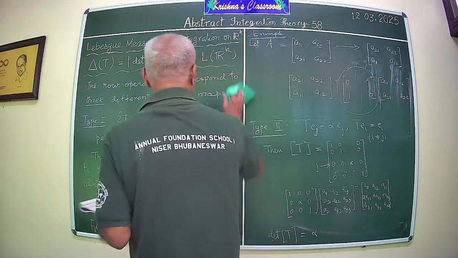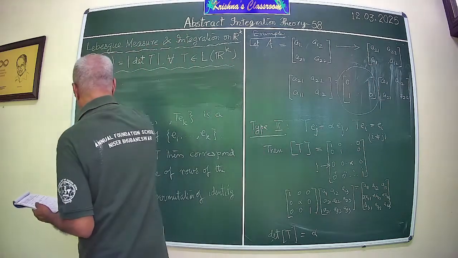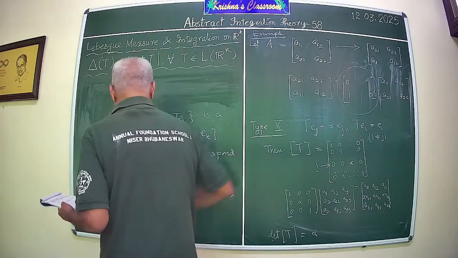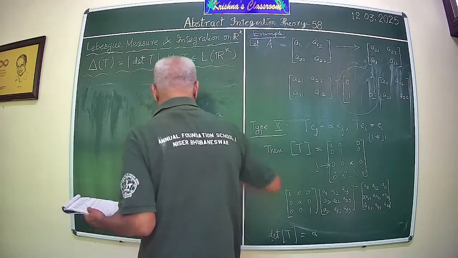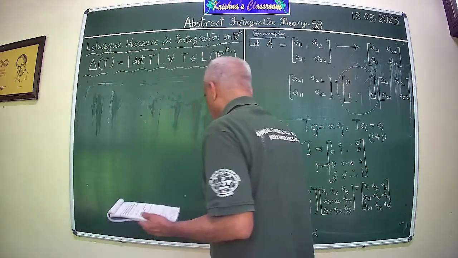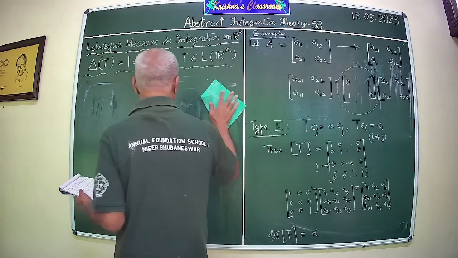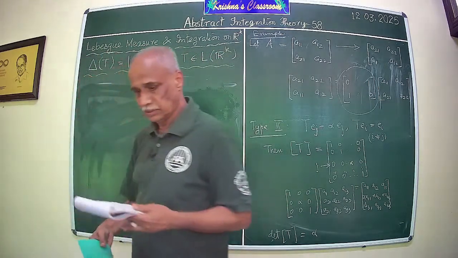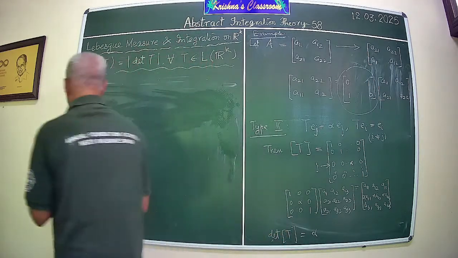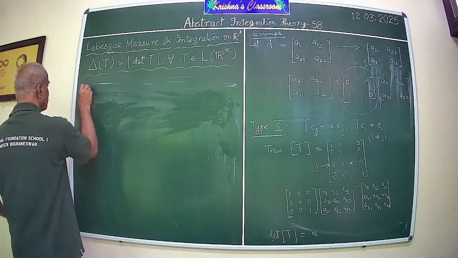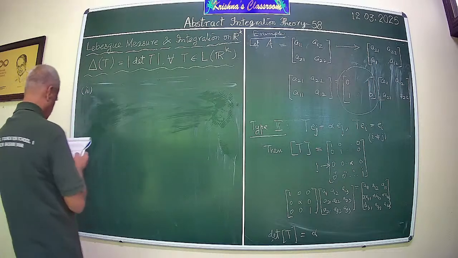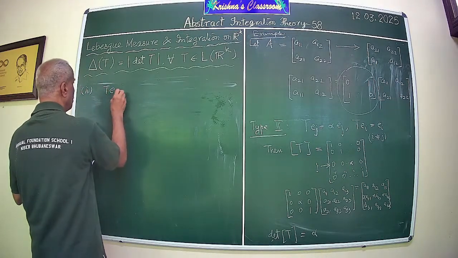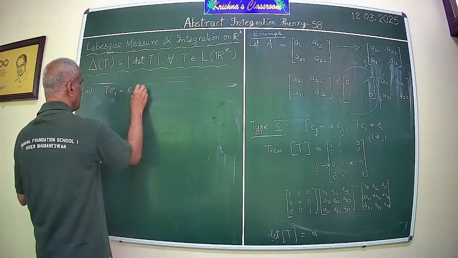Now the third type of transformation, these are the elementary transformations that we come across. The third operation is this: TE1 equal to E1 plus E2. It's a typical one.